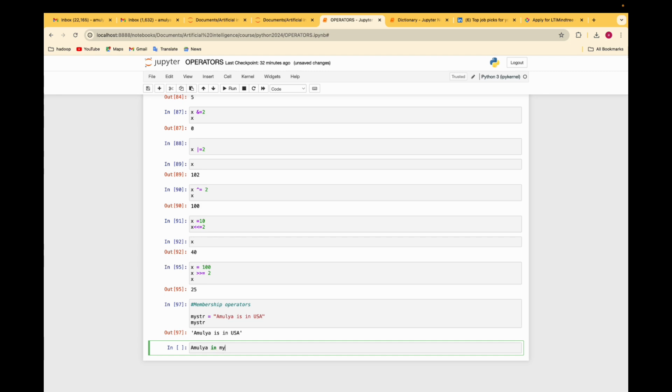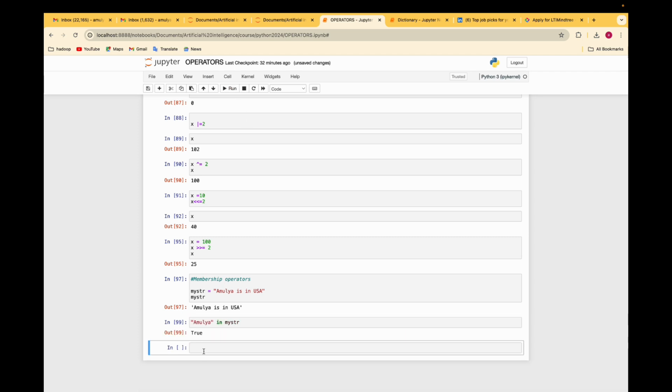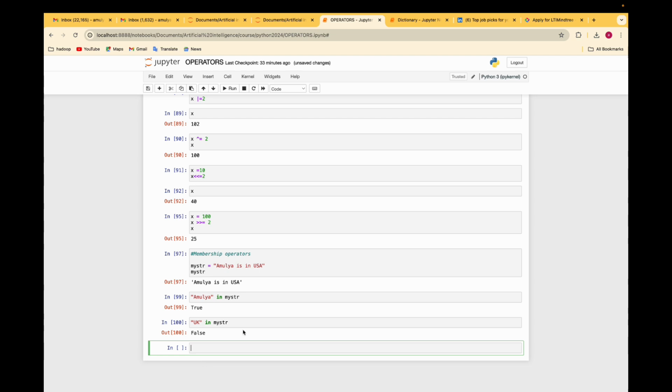"Amulya" in my str. For strings you have to give the double quotes. So yes, it's true. "UK" in my str. It says false. What if I say "Amulya" not in my str? It's false. "UK" not in my str. It says true.